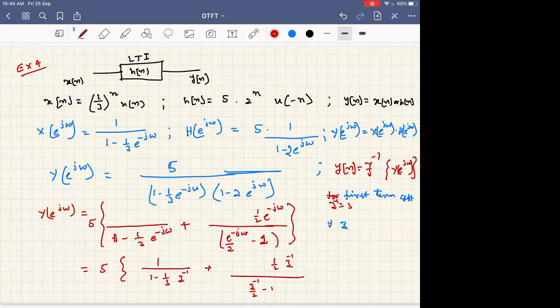So y of z into 1 minus 1 by 3 z inverse, I'm finding at z equal to 3, is equal to 5 by 1 minus 3 into, so z inverse equal to 3, so this is equal to 1 by 3, correct?